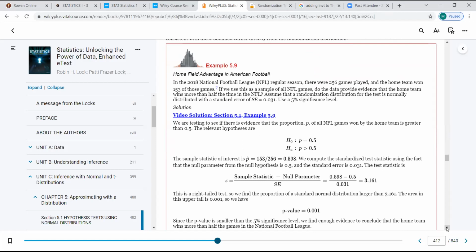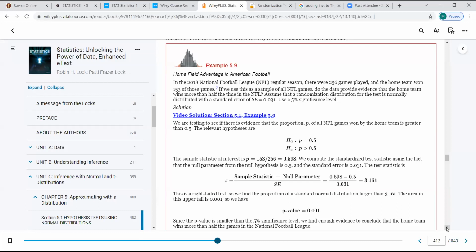There were 256 games played, and the home team won 153 of them. Remember, this is just one season. The National Football League has been around many seasons in the past and will have many in the future. This is just a sample of 256 games. I don't know if it's a random sample, we can assume randomly selected.